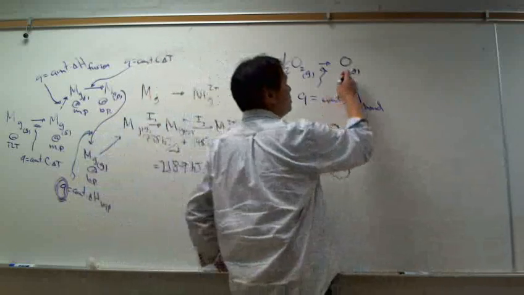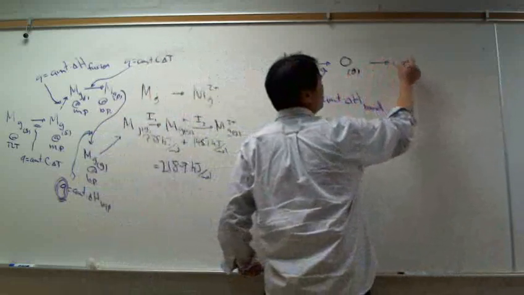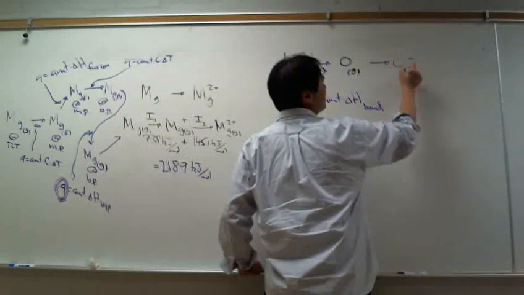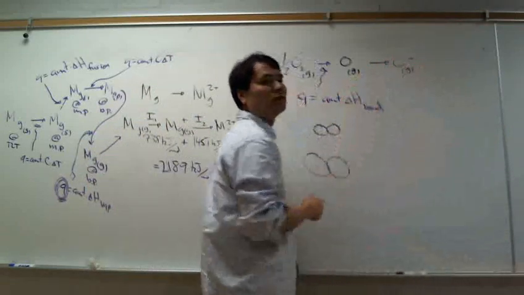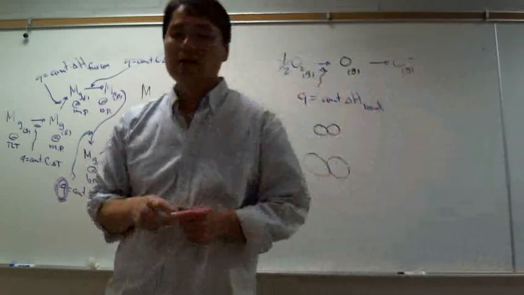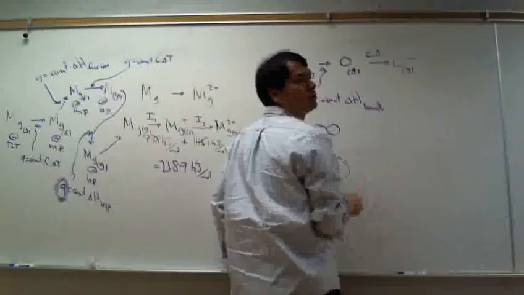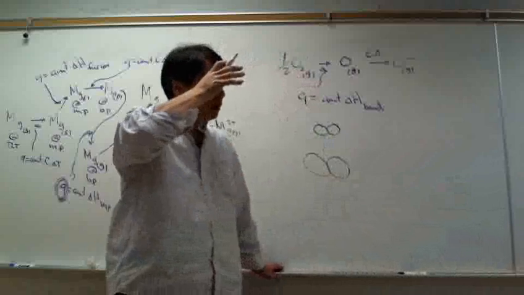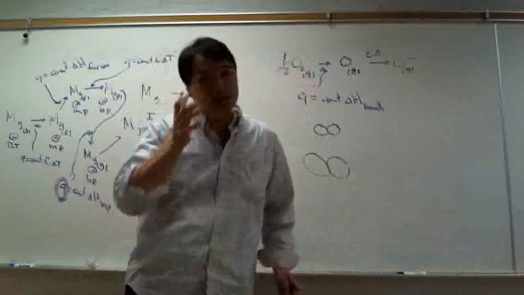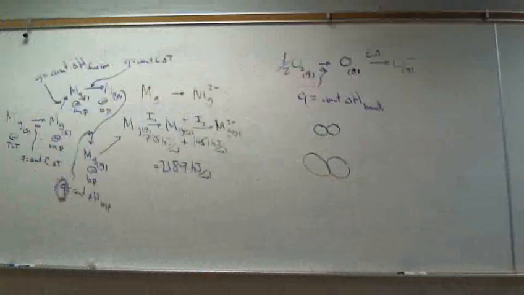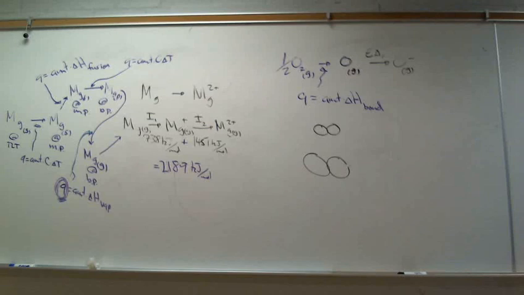But now we have oxygen in the gaseous state, and now we're going to go to oxygen in the gaseous state with the negative charge, so we're going to add an electron to that. This is called EA1, and this is exothermic, right? EA1s are mostly exothermic, so let's see how much energy we get. I'll look that up here in our book.